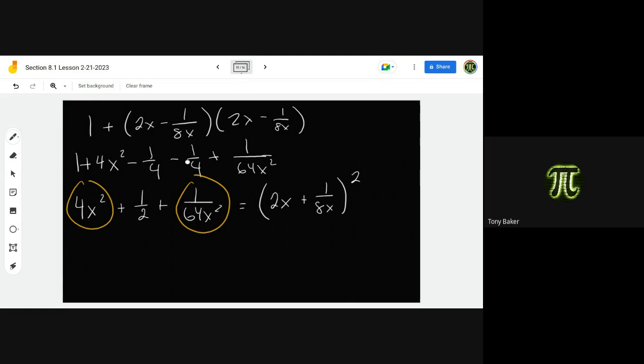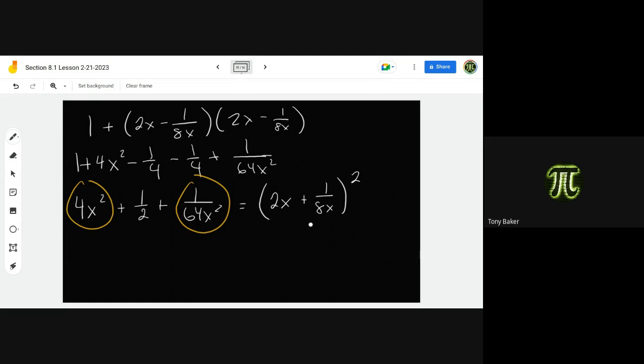One minus 1/2 is 1/2. All right, so that's there. Does that give me 1/2 in the middle? Because I know it's going to give me the first and the last part, right? Is it going to give me the 1/2 in the middle? Well, 2x times 1 over 8x is 1/4, right? So I have 1/4 plus 1/4 because I have to do it twice, which is the 1/2. So it does. So congratulations, I have that.